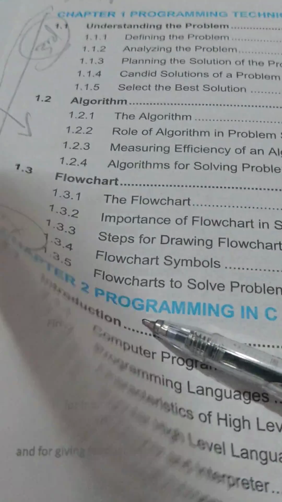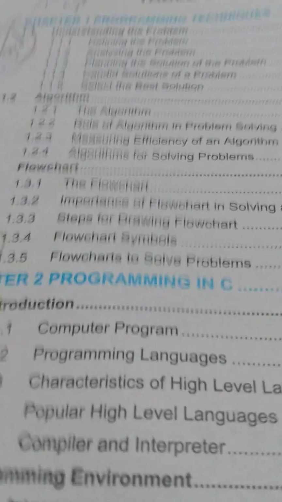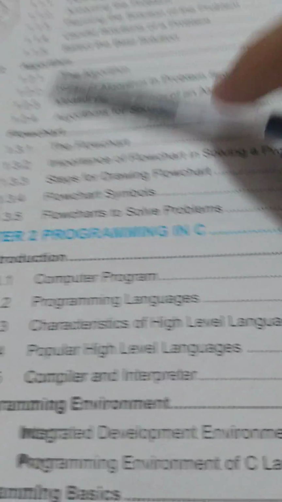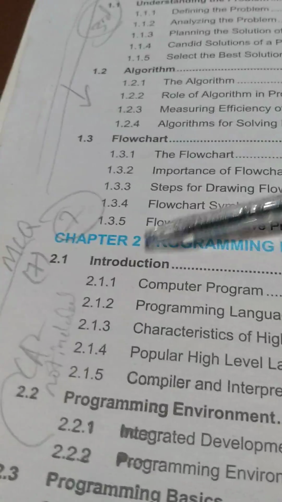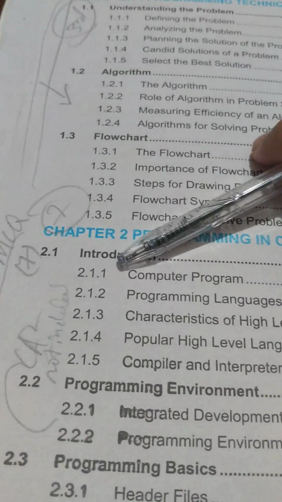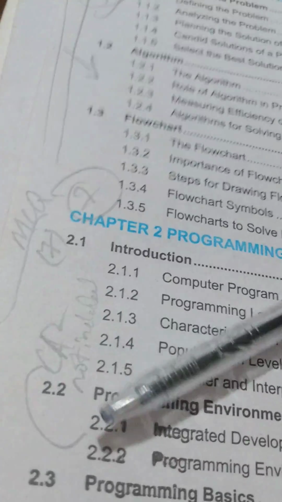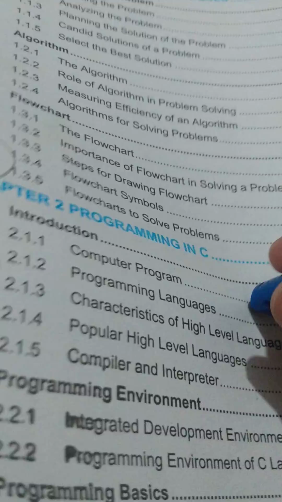Now, coming to the second topic, programming in C language, that is the main and major topic which we will be covering in this video. In this programming in C language, we have 7 MCQs, right? And only 7 MCQs, no CRQ or ERQ. Why am I saying that?